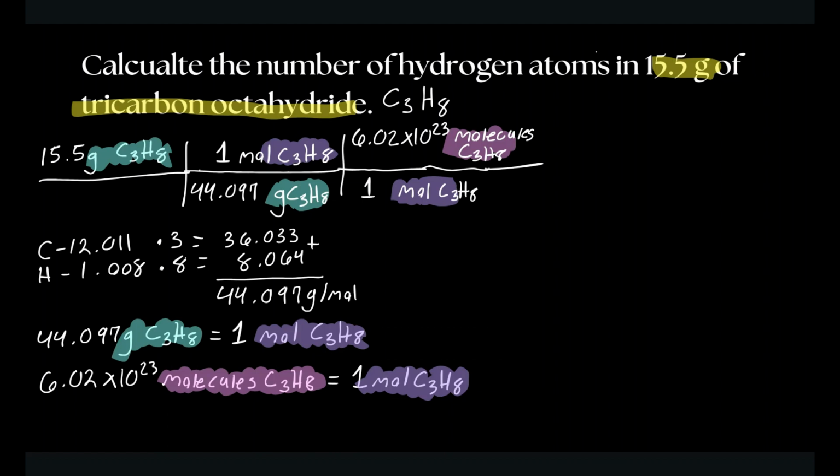So this one is going to have an additional step to it because we're looking specifically for the number of hydrogen atoms. So we are going to expand this only one more time. Now we have the molecules of our C3H8 on top, which means that in the diagonal, we're also going to need our molecules of our C3H8.